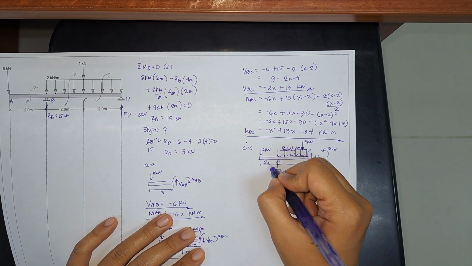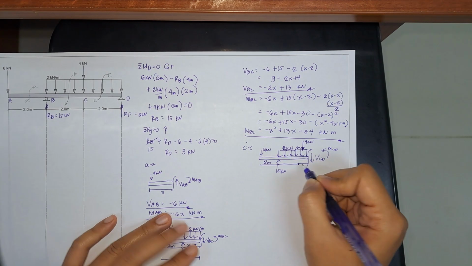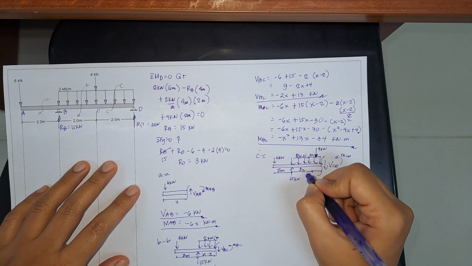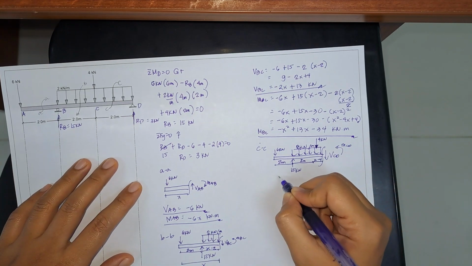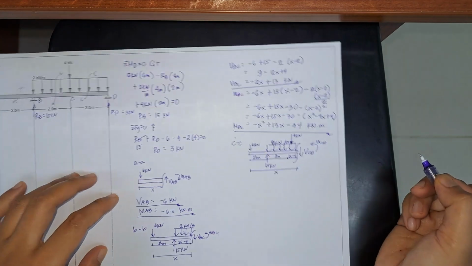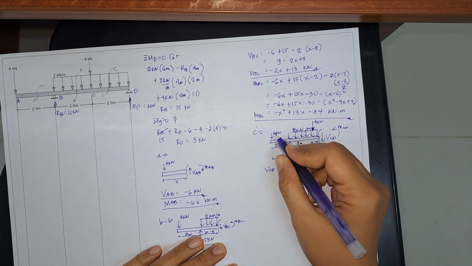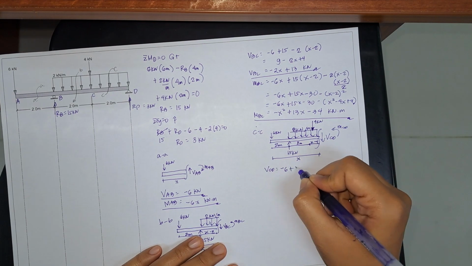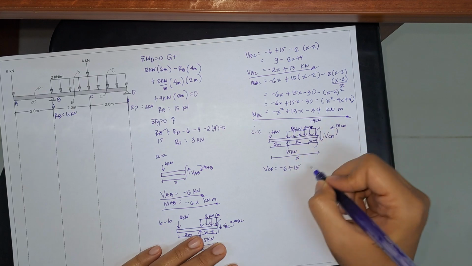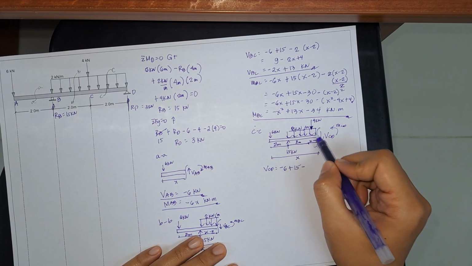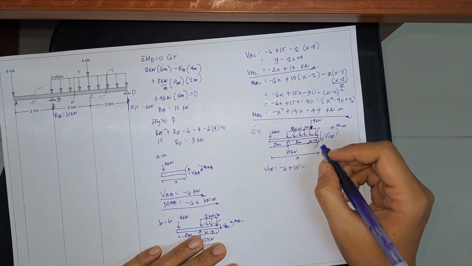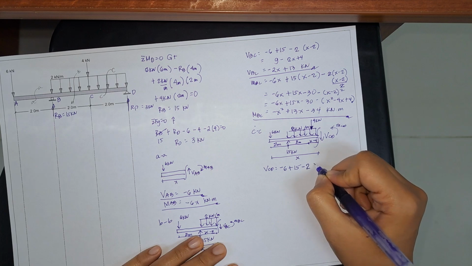This is 2 meters. From this point papunta dito, that is 2 meters. Therefore, this is x minus 4. Okay? X minus 4. So, for the shear at CD, we have negative 6 plus 15 minus ito, yung area nito for the concentrated load, minus 2.